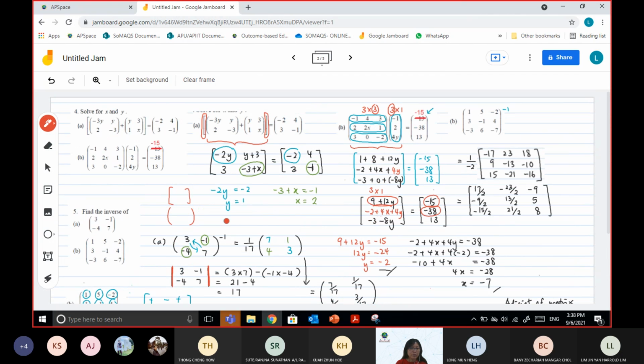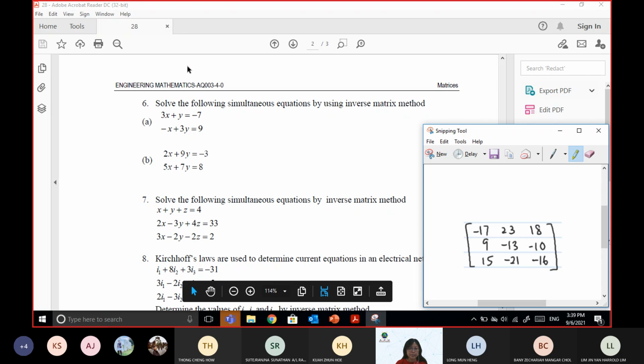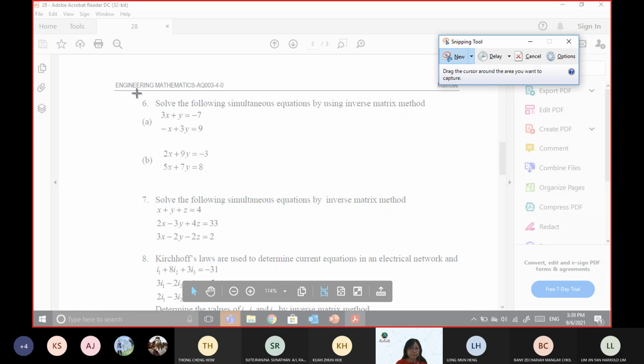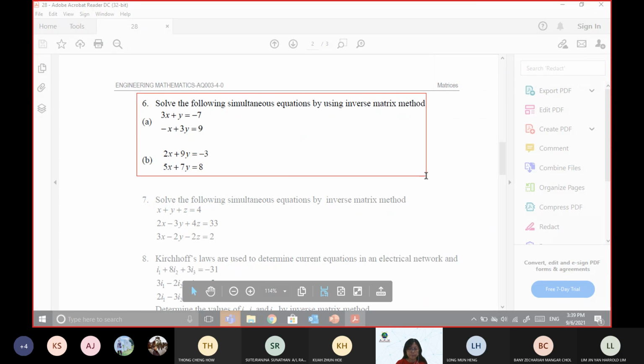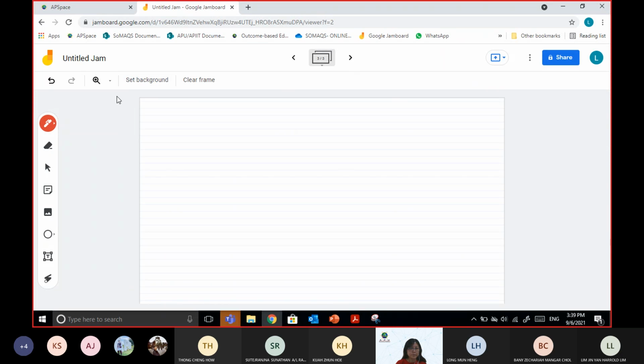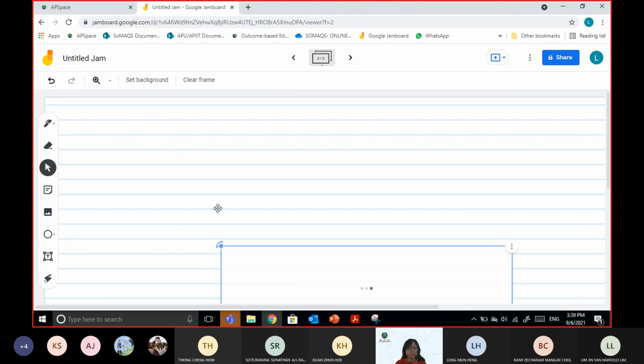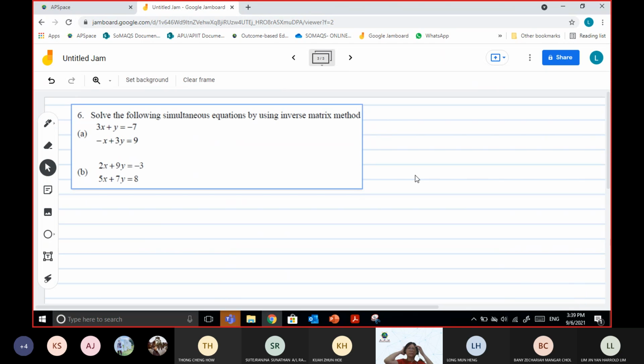Okay, now we have done number 5. Then we continue to number 6. For question number 6, solve the following simultaneous equations by using the inverse matrix method.